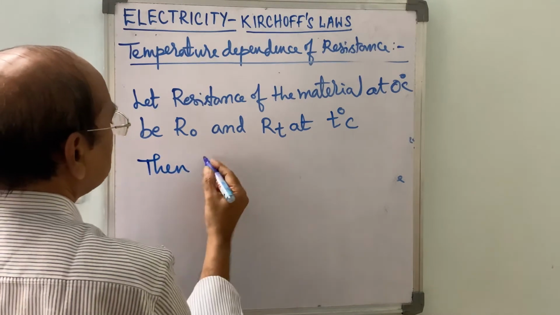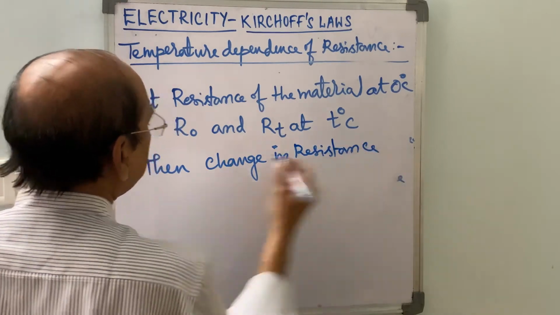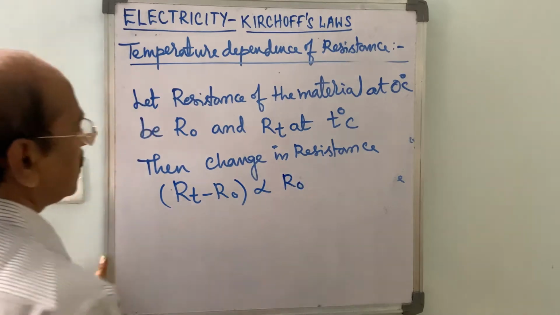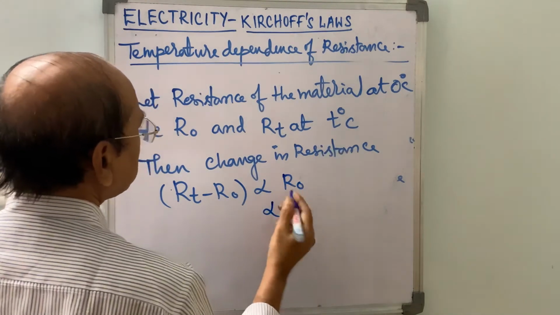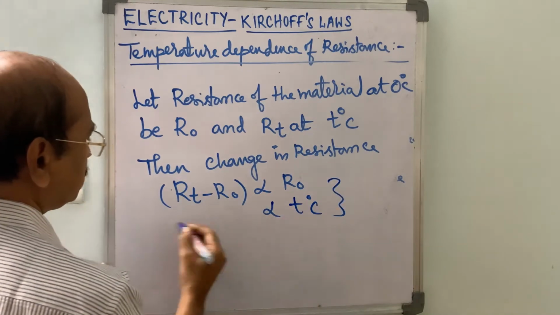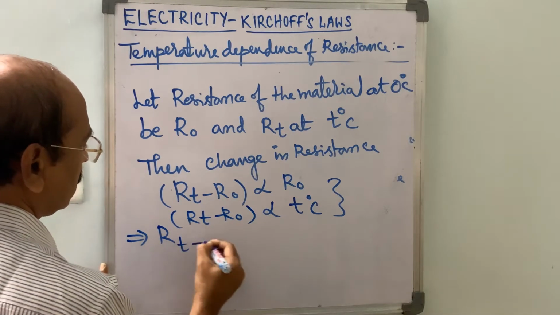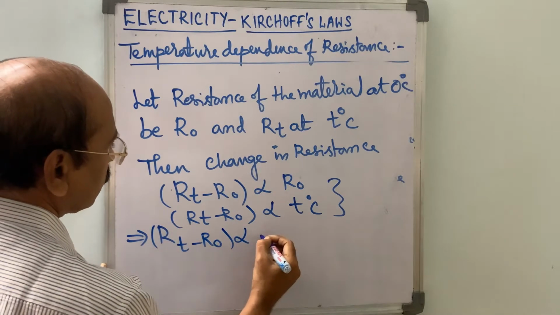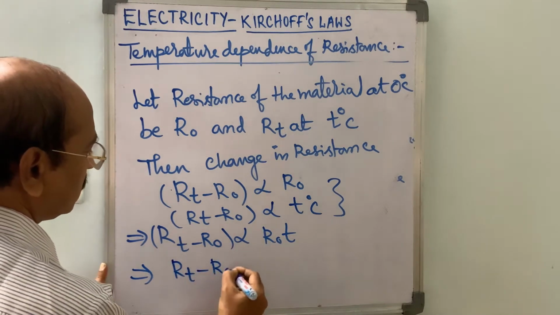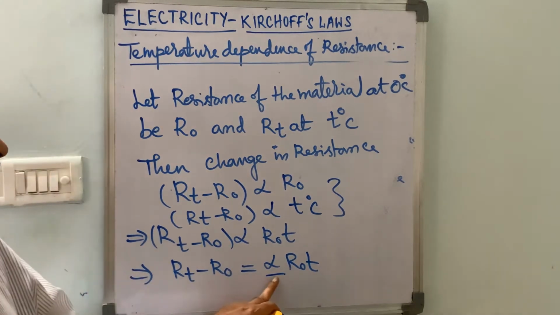Then the change in resistance, RT minus R0, is directly proportional to the resistance at 0 degrees centigrade and the increase in temperature T minus 0, that is T. So by combining these two, RT minus R0 is equal to alpha into R0 into T, where alpha is a proportionality constant called the temperature coefficient of the material.